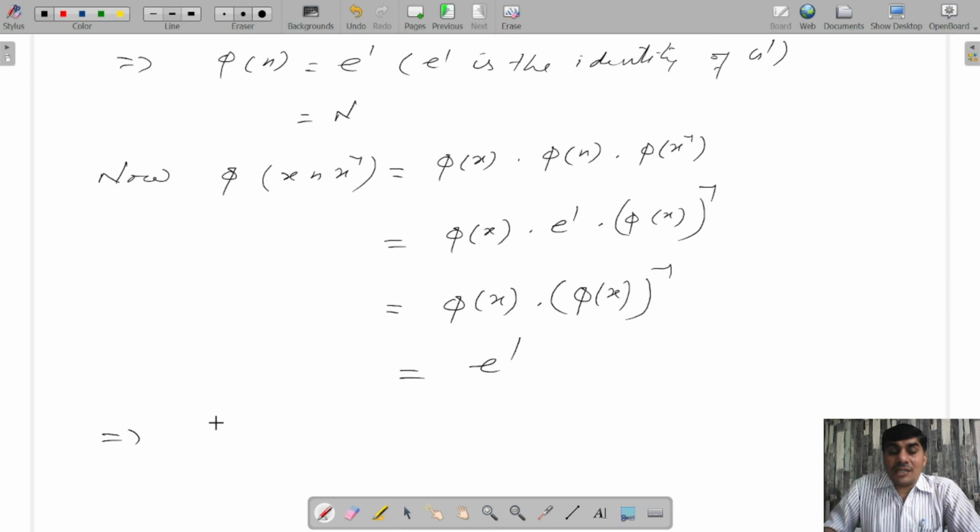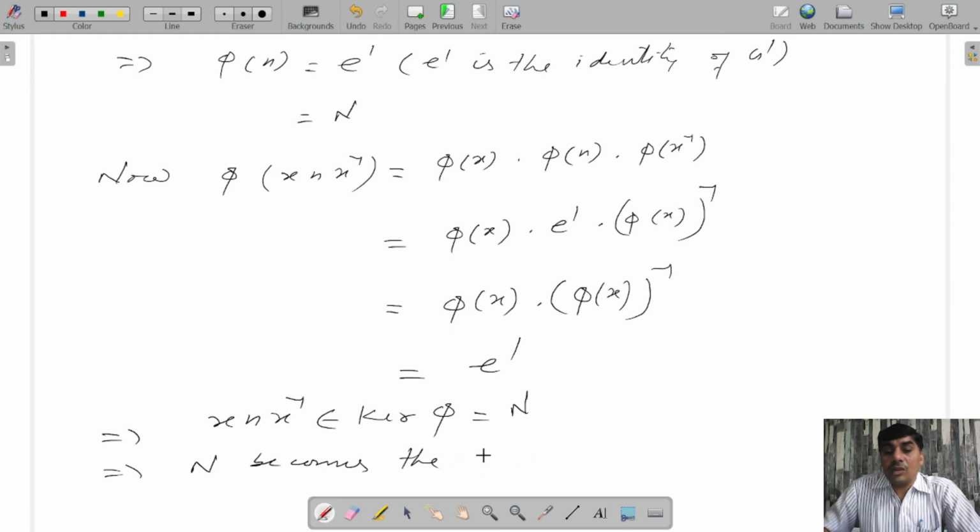This implies x n x inverse belongs to the kernel of phi, which is equal to N. This implies N becomes a normal subgroup of G.